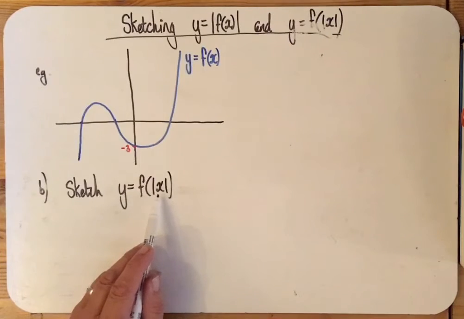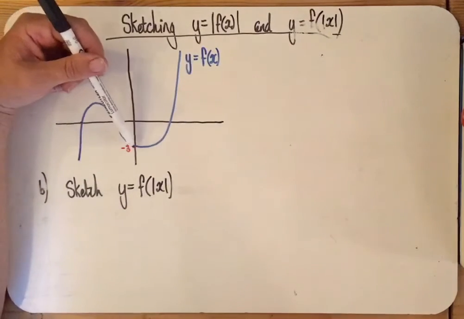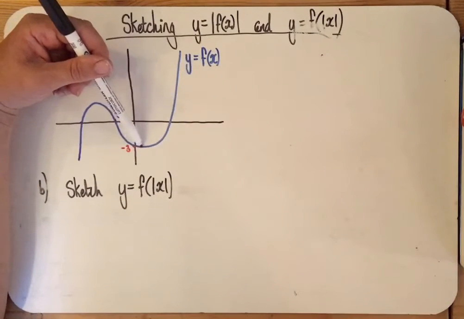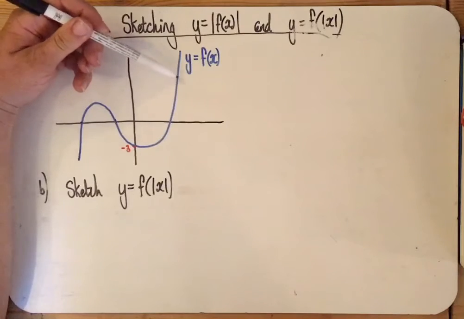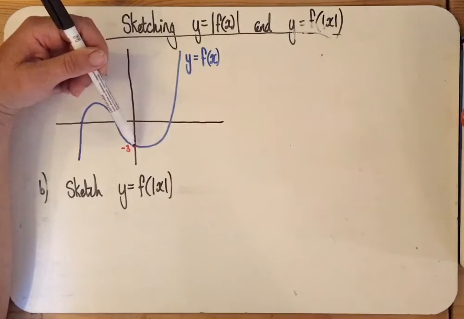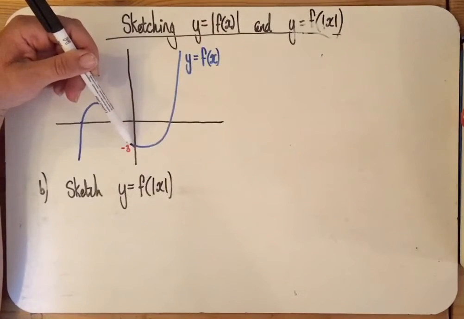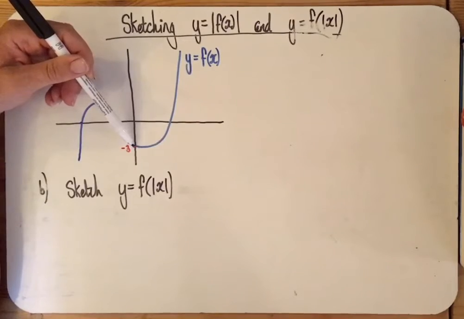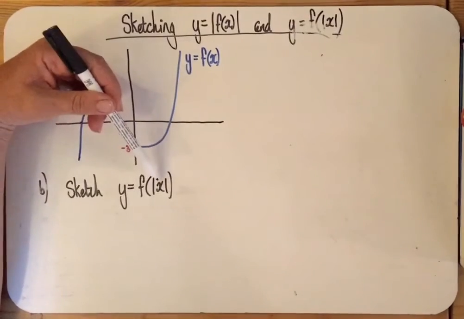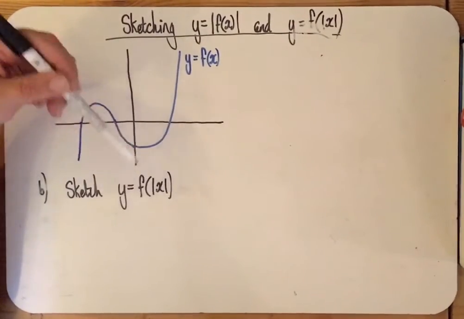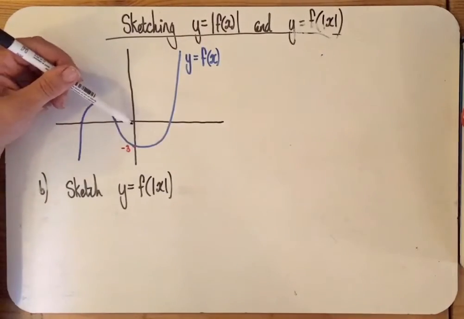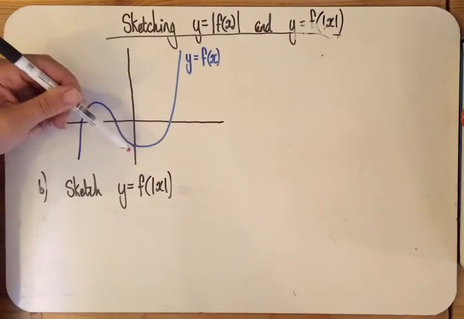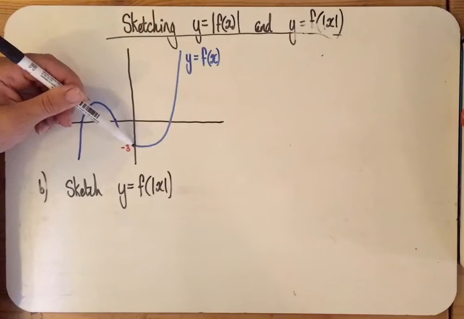So if x is positive, so x is positive to the right of the y-axis, when you do modulus of x, it won't change anything. If x is negative, so all the way around here, the first thing you do is you make x positive by doing modulus of x, and then you apply f of x.